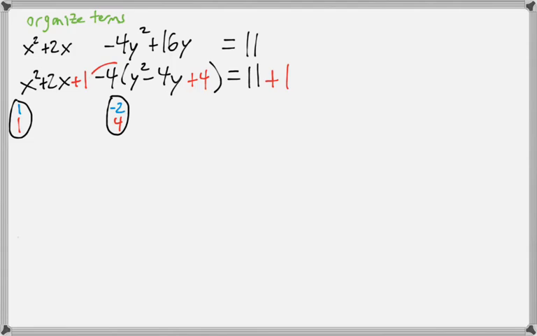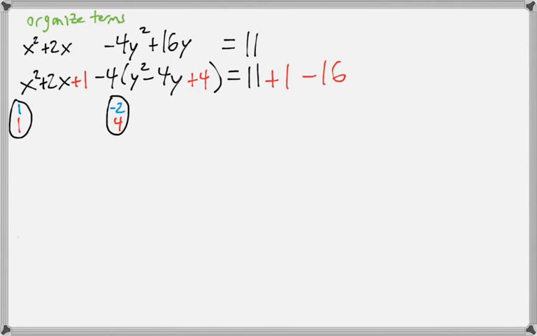But because this -4 is being multiplied by this parentheses, the -4 is actually getting multiplied by the +4. So I'm actually subtracting 16 here, because -4 times +4 is a -16. So to keep this legal, I actually need to put a -16 on the right-hand side.